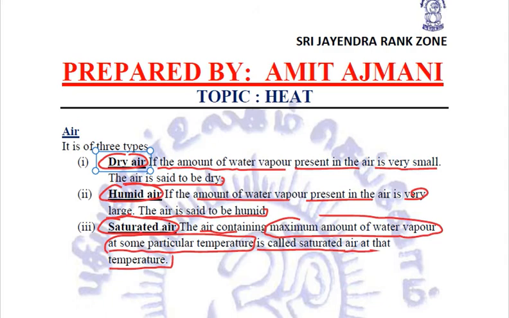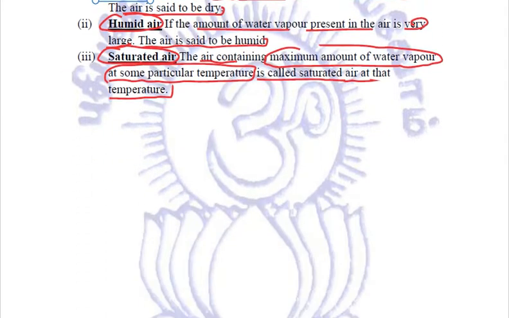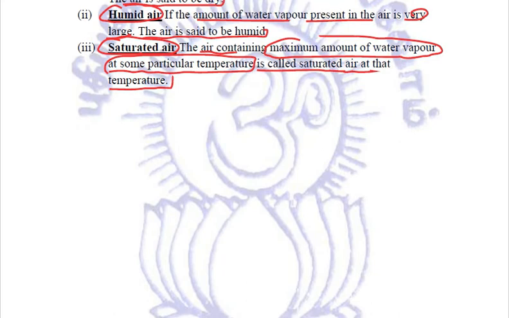Then we talked about the temperature scales, four types of temperature scales. We discussed the Celsius scale, Kelvin scale, Fahrenheit scale, and Reaumur scale. Very importantly, we need to learn the relation between them. And what was the relation?